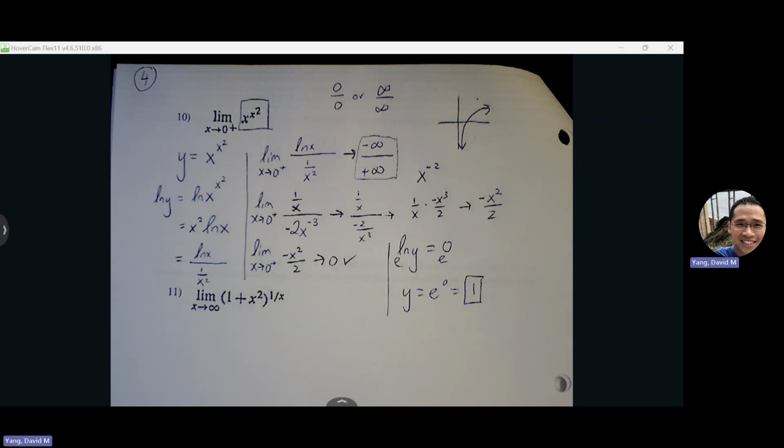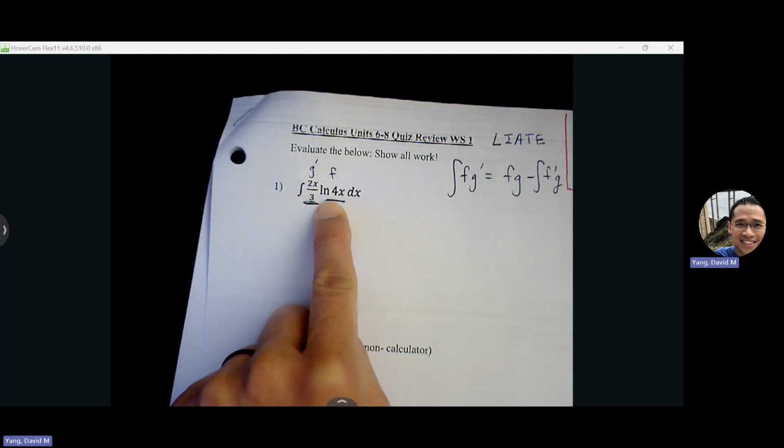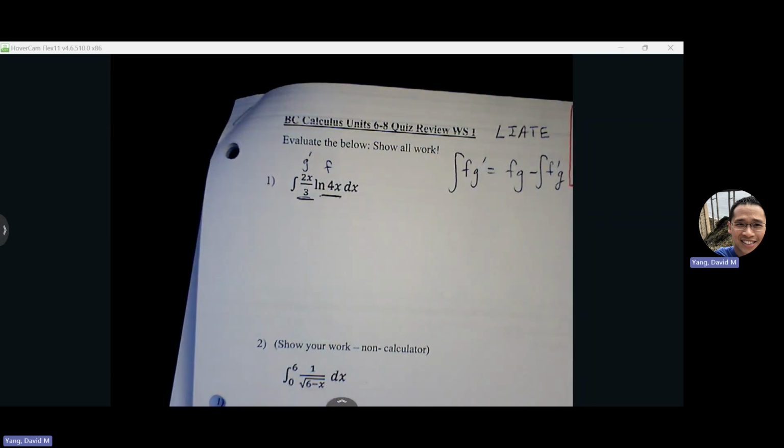Whether to use the tab method or not: how do you know which one to use? I would say if you see natural log in the problem, then don't do the tab method. It's not going to work. If you don't see natural log, so if you see an exponential paired with an algebraic, or an algebraic paired with a trig, those are your good candidates for tab.